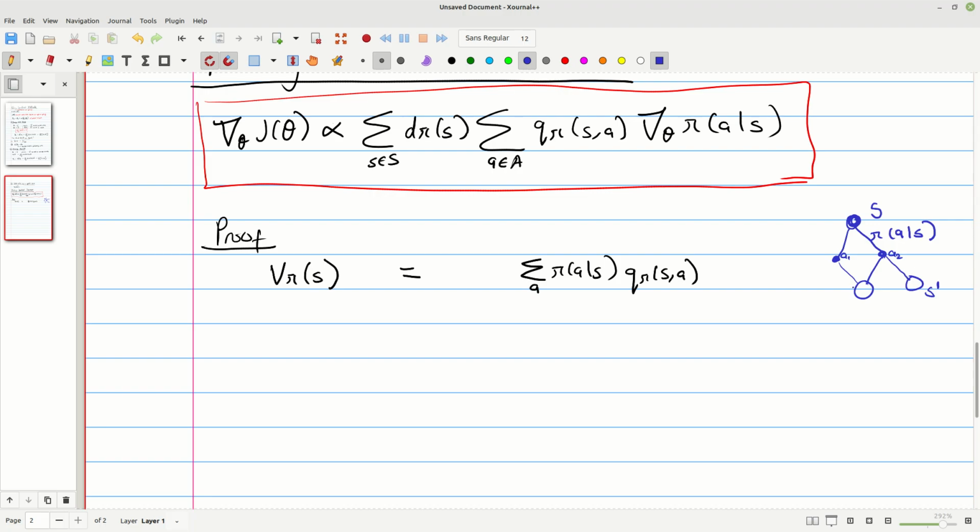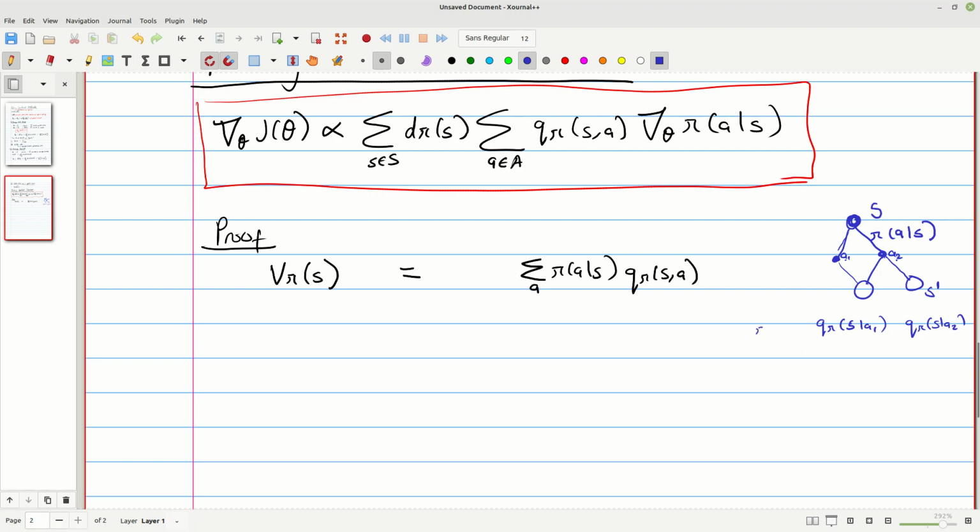For each state, right? So if someone asks us, like, what's the value of the state here? Well, if there are only two actions, let's say there's action 1 and action 2, right? And we know the q values of this. So we know q pi of s given a1, and we know q pi of s given a2, right? And these are the only actions. So we're going to look at the probability of taking this action, right?